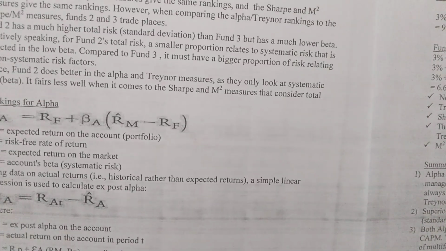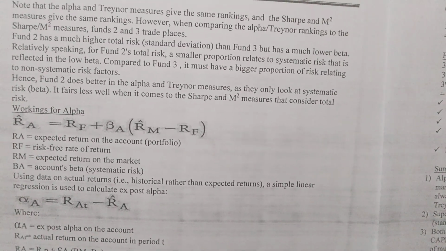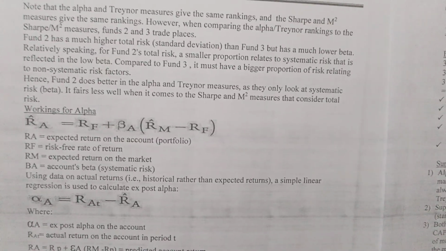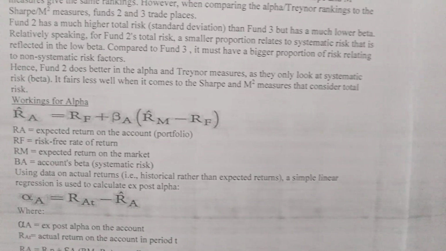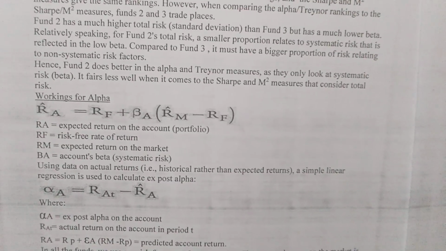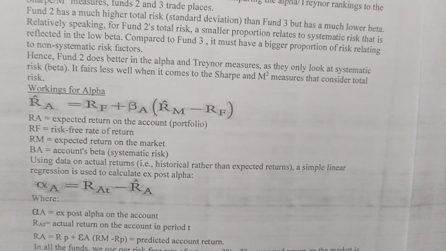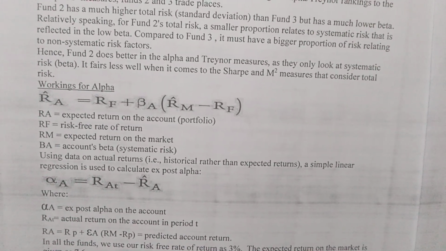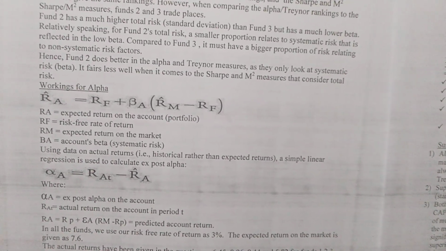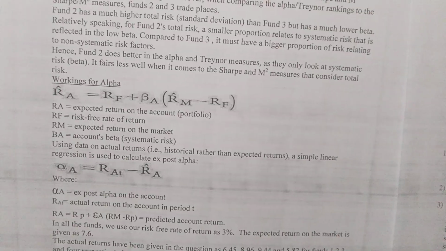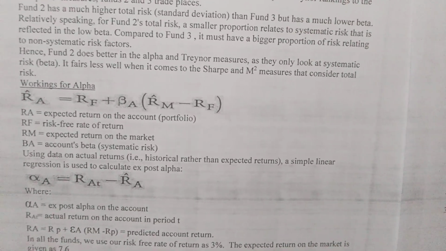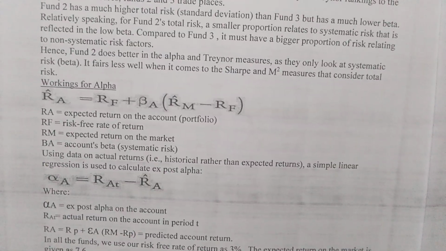Compared to fund 3, it must have a bigger proportion of risk relating to non-systematic risk factors. Hence, fund 2 does better in the alpha and Treynor's measures as they only look at systematic risk, that is beta. It fares less well when it comes to the Sharpe's and Modigliani and Modigliani measures that consider total risk.